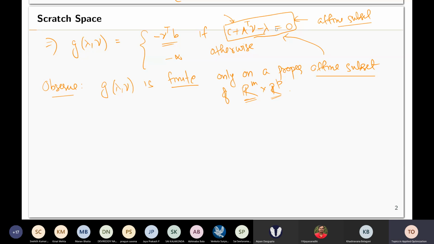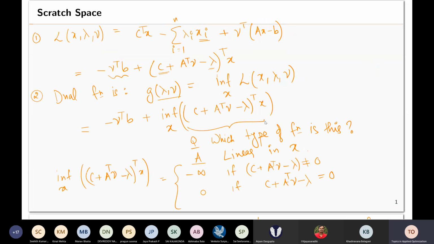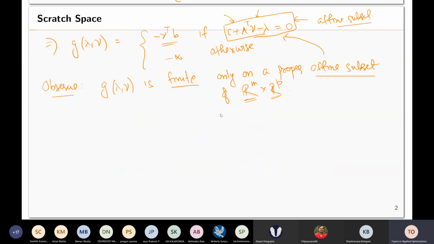The only thing that will change is the nature of this X variable, which also has some role to play. But given that nu and lambda are linearly related, very often you may encounter this. So your dual function may be finite on some affine subset. That's why it's a very common occurrence to see things like this.